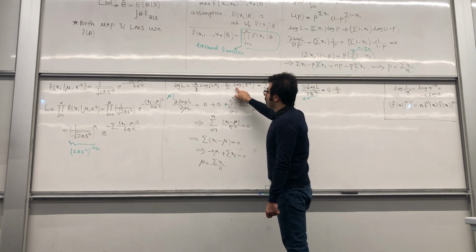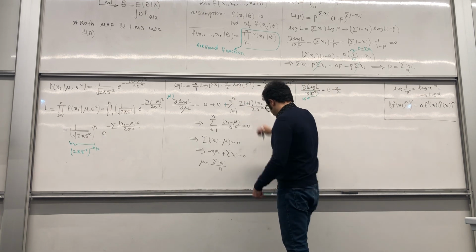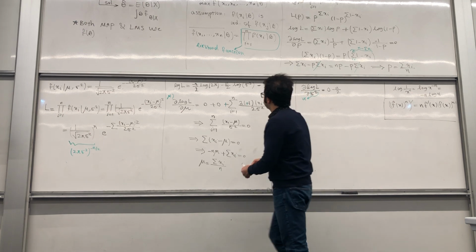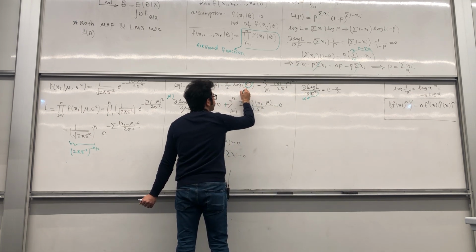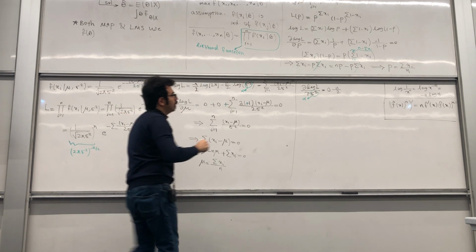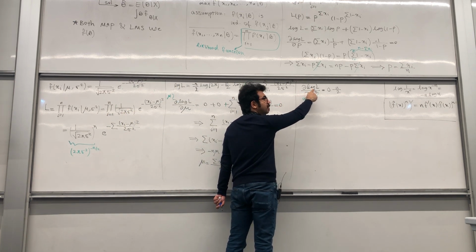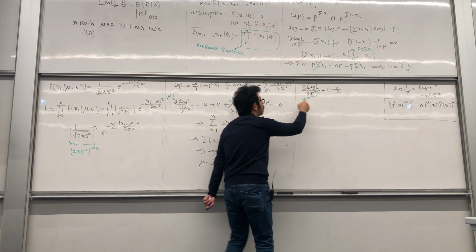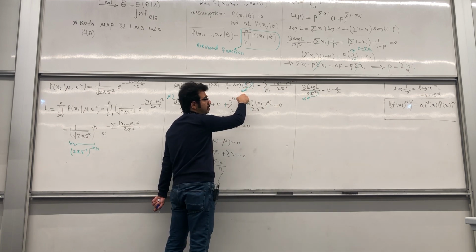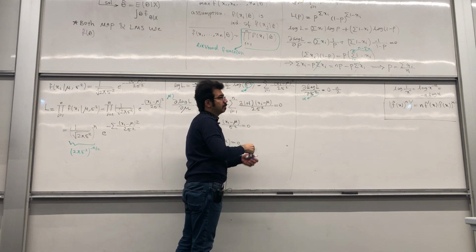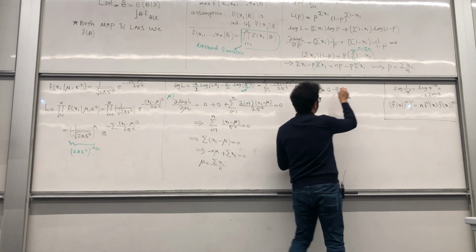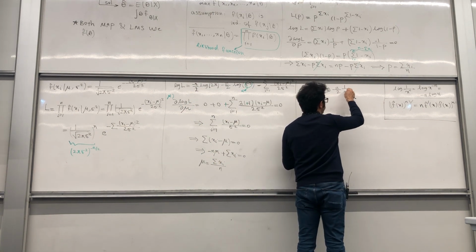And I have log of sigma squared. Now, here's the point. I treat this sigma squared as one variable. For example, alpha. Now, I'm finding the derivative of likelihood with respect to alpha. Alpha shows up here. What is the derivative of log of alpha? 1 over alpha. In this case, alpha is sigma squared, so it is equal to 1 over sigma squared.